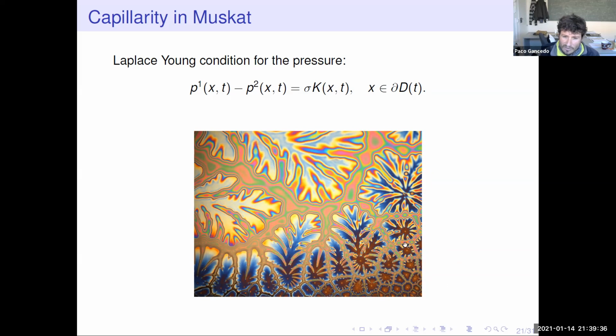This is when you see, for example, in this picture, these fingers going on, and this is because the Rayleigh-Taylor condition, this stable condition, is not satisfied, but still you have immiscible fluids which are unstable, and then this evolves with this very, I don't know, fractal pattern showing this fingering.